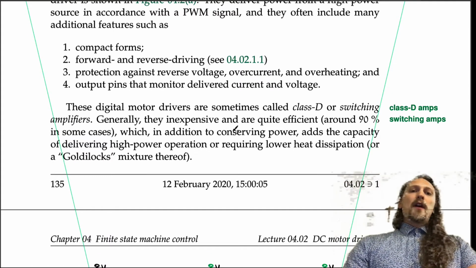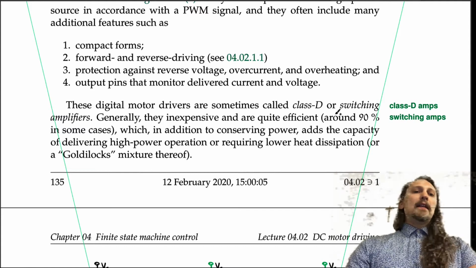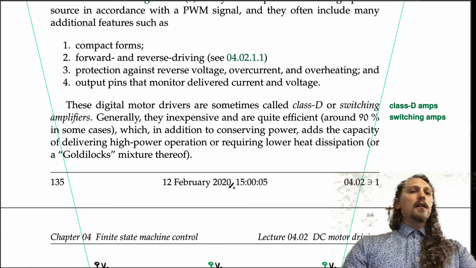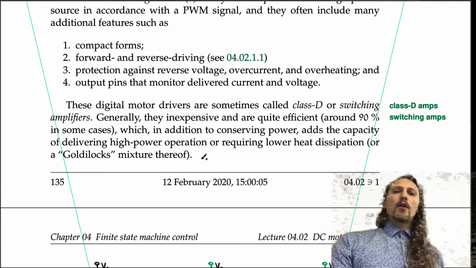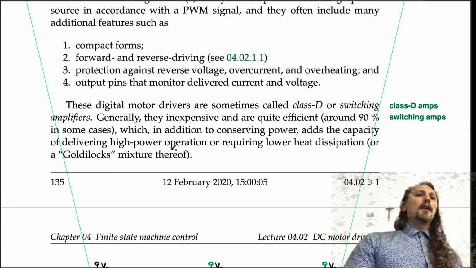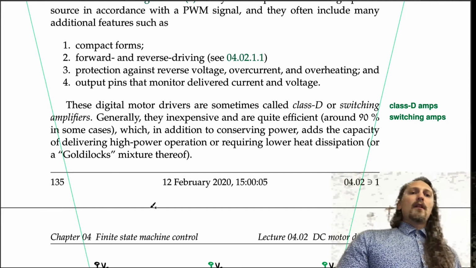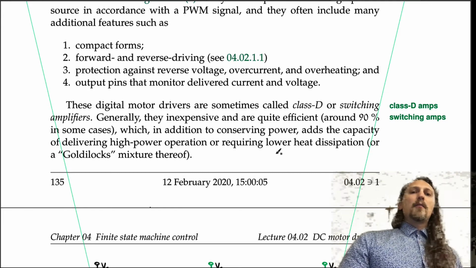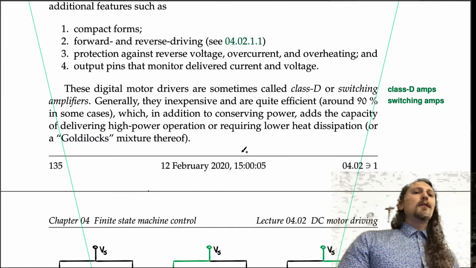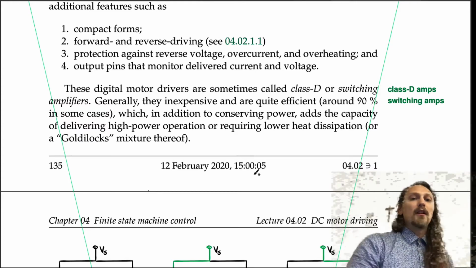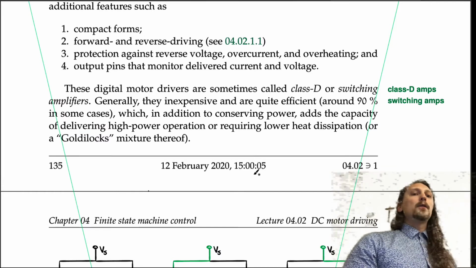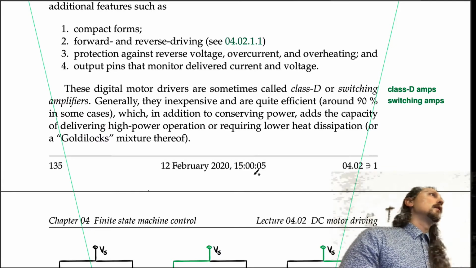These digital motor drivers are sometimes called Class D or switching amplifiers. Generally, they're inexpensive and quite efficient, around 90% in some cases, which in addition to conserving power, adds the capacity of delivering high power operation or requiring lower heat dissipation, or a Goldilocks mixture thereof.